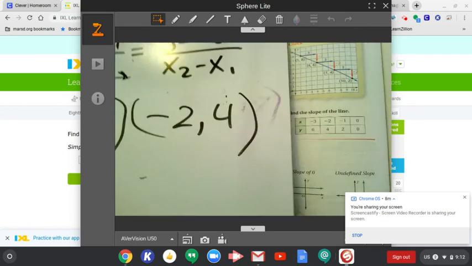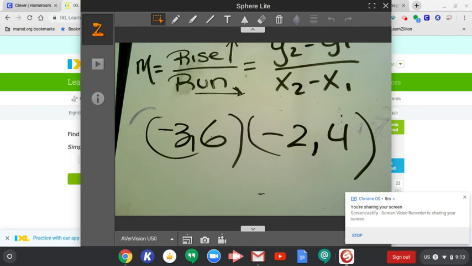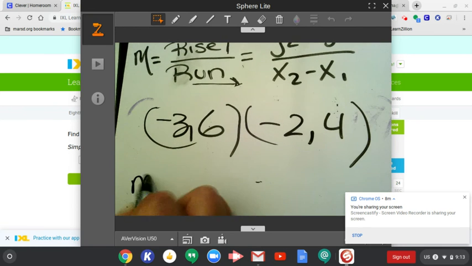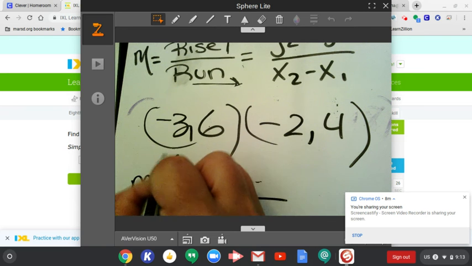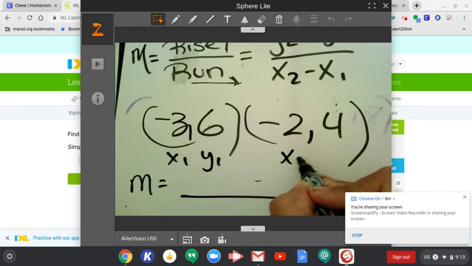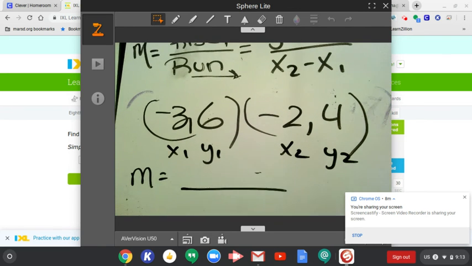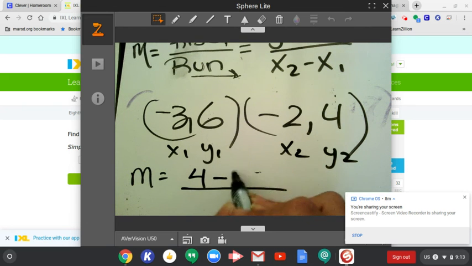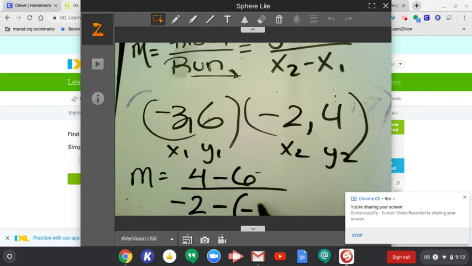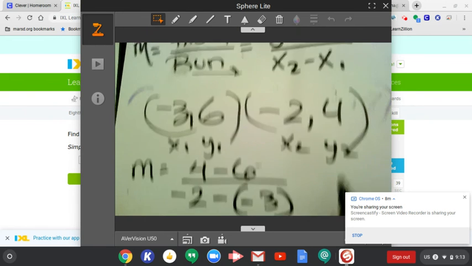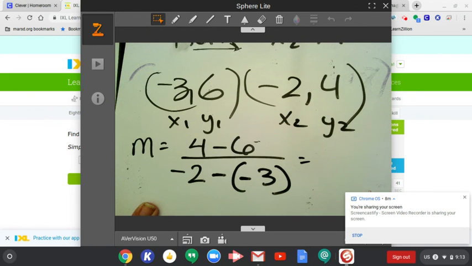Okay, so let's look at this one here. And we're just going to plug in. So here's our slope. And remember to do this takes just 1 second. Okay, so you're going to do 4 minus 6, negative 2 minus negative 3. Careful there with the double negatives. Okay, we're going to put that as a plus.